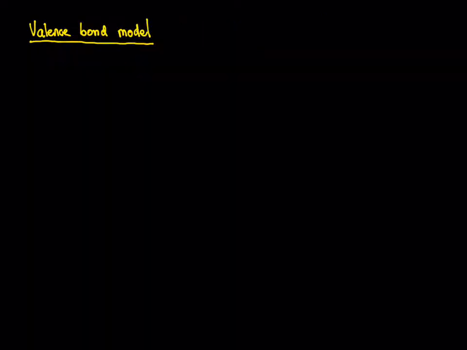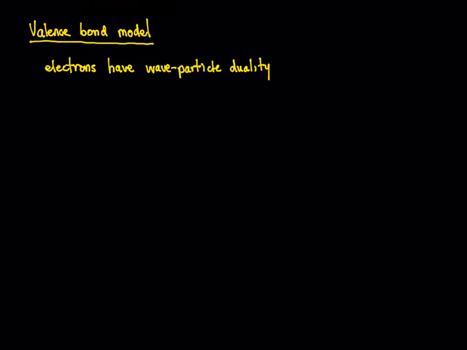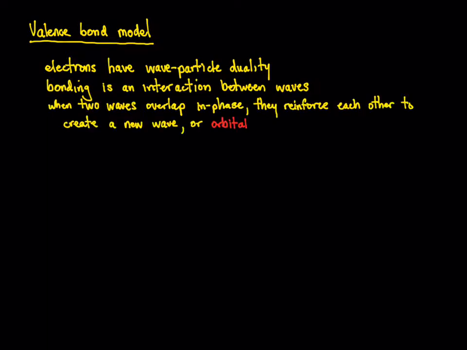The second major model of bonding is the valence bond model. This model is a response to Lewis structures, which are convenient, but not the whole picture. In summary, electrons have wave-particle duality, so we can describe bonding as an interaction between waves. When 2 waves overlap in phase, they reinforce each other to create a new wave or a chemical bond.